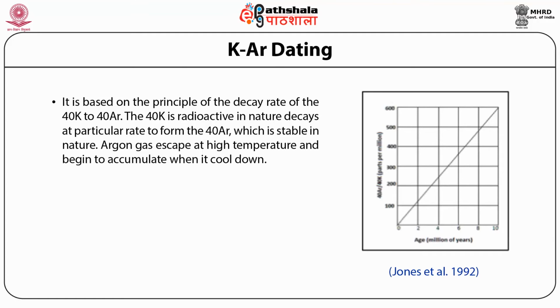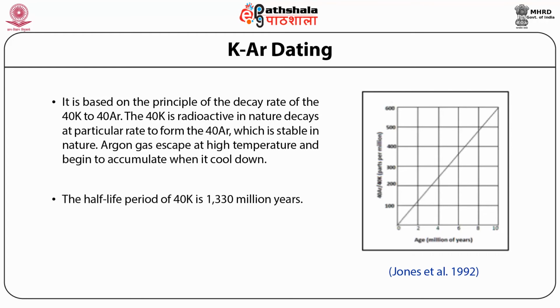Argon gas escapes at high temperature and begins to accumulate when it cools down. By measuring the ratio of potassium-40 to argon-40, the rate of decay and time period is calculated in a spectrometer, which measures the concentration of argon-40.